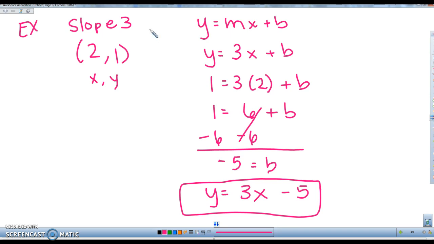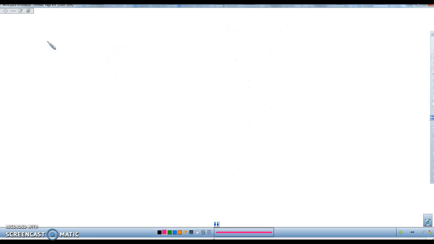Okay? Try the next two on your own. So we'll do when the slope is 3 and it passes through (-2, 5). Try that one.